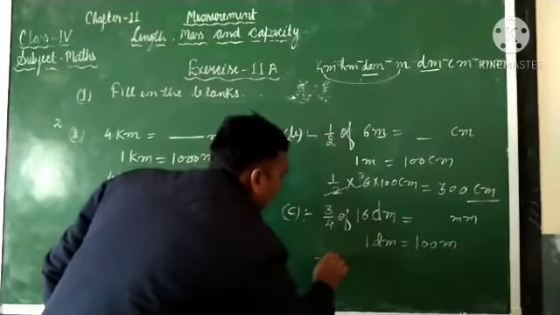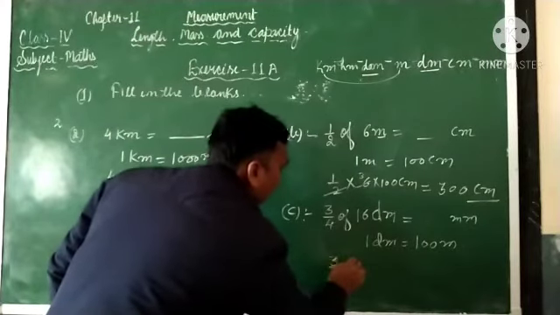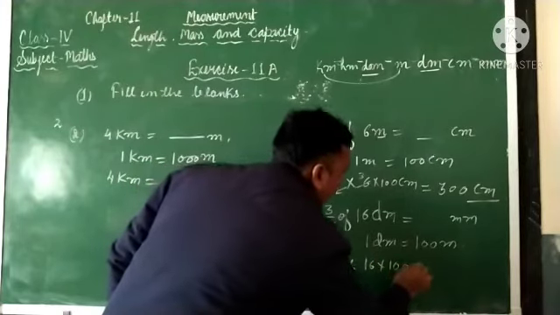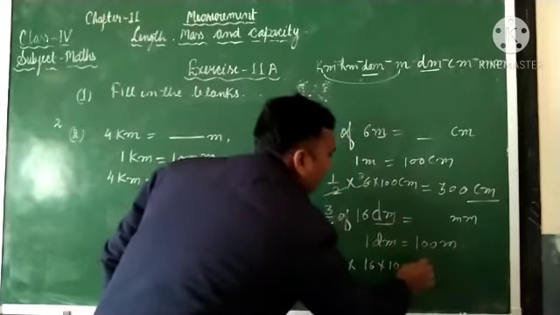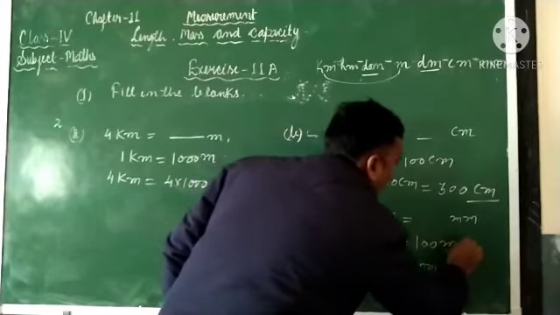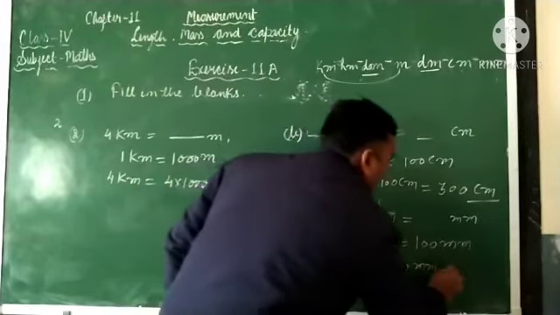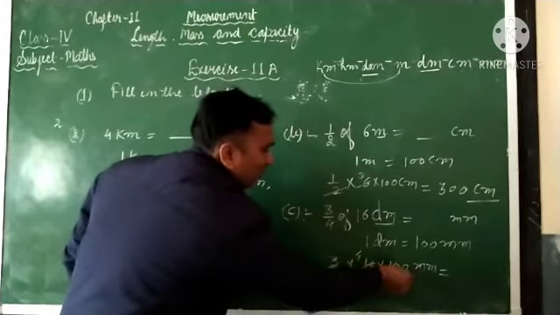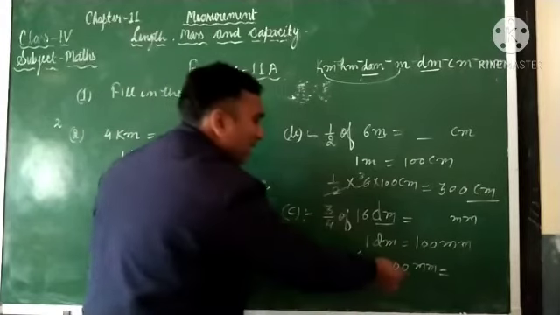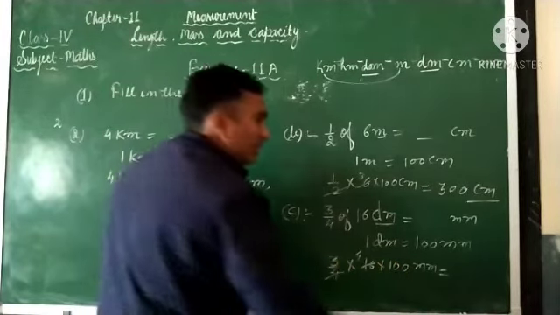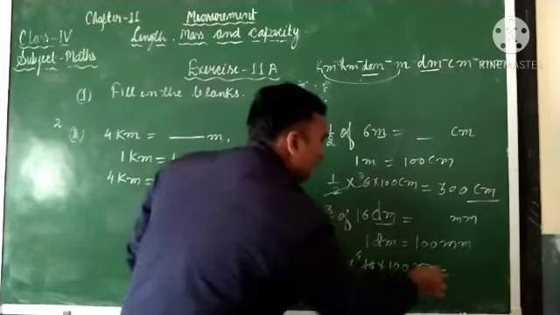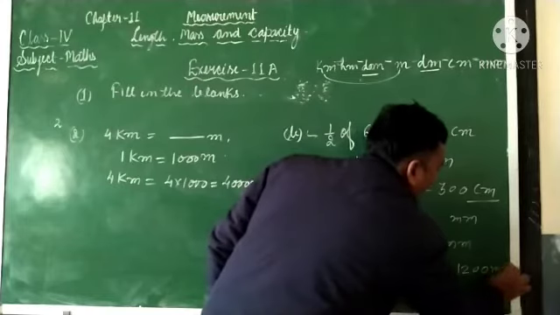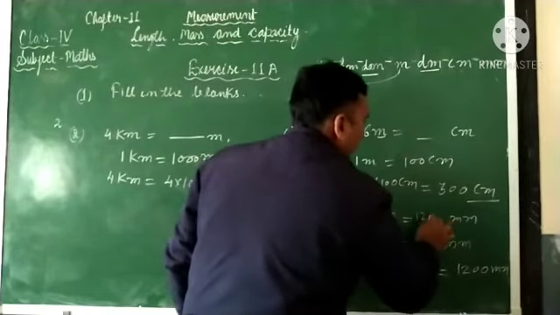Therefore 3 by 4 into 16 into 100, and in place of dm write mm. 4 4s are 16 and 4 3s are 12, then you multiply by 100, so 2 zeros will come. 12 into 100 is 1200 mm. Here the answer is 1200 mm.